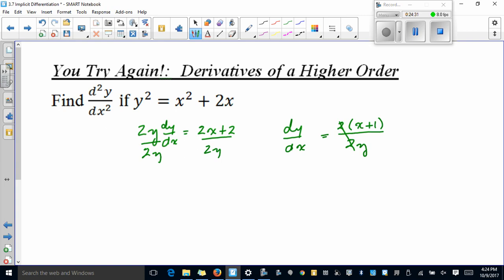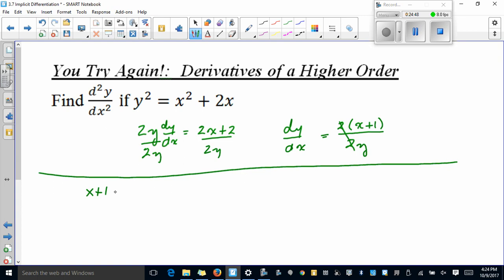So second derivative. We have x plus 1, u is equal to x plus 1, so u prime is 1. V equals y, so v prime is dy dx. It's quotient rule, so u prime v minus v prime u all over v squared.